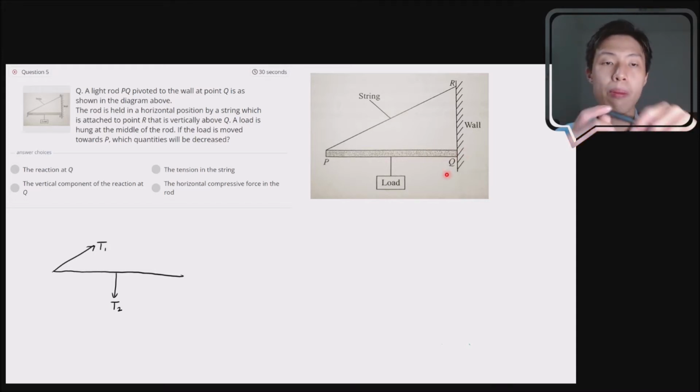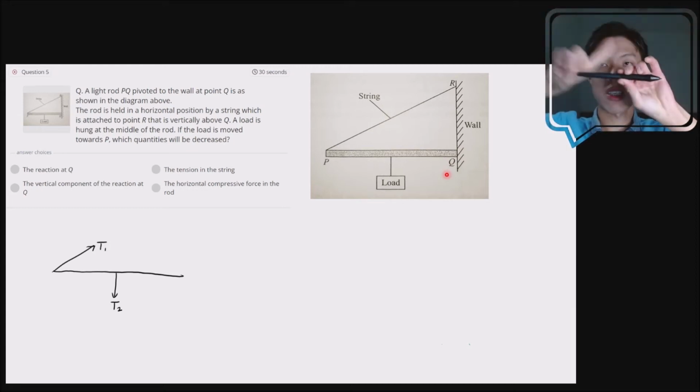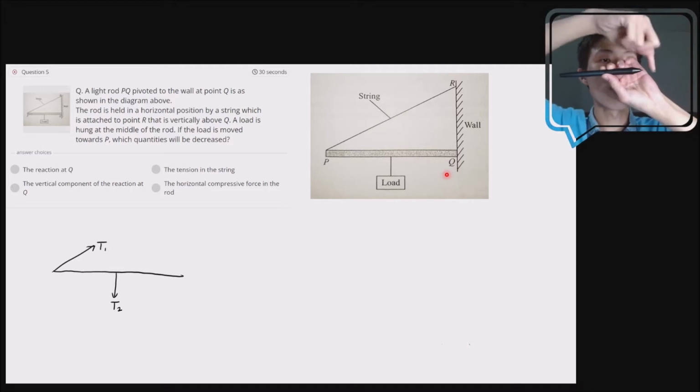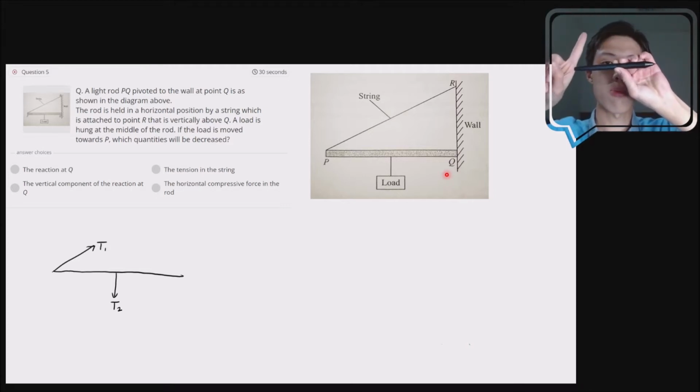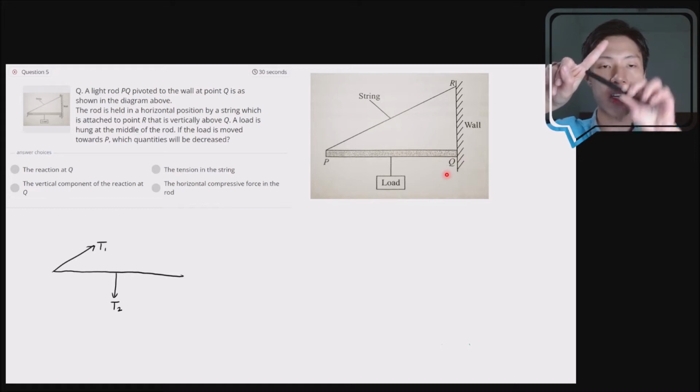Okay, so when I make this pivot disappear, what will happen is, the string is my finger over here, then this pen here represents light rod PQ. When the pivot here disappears, you should expect the point Q to be falling, right? Because there's nothing holding it in horizontal position, so it will be falling like this.